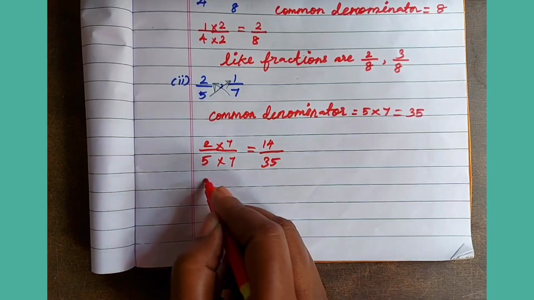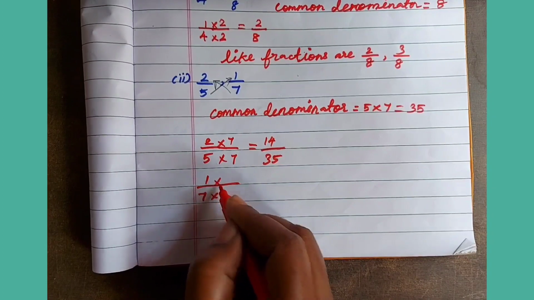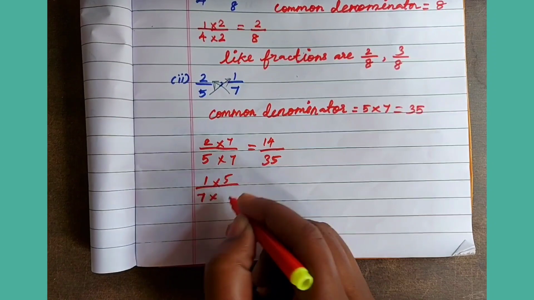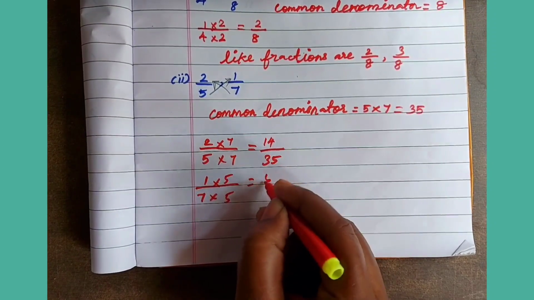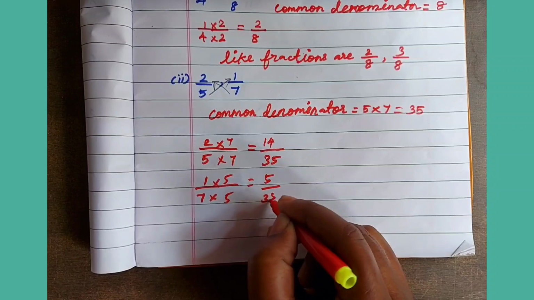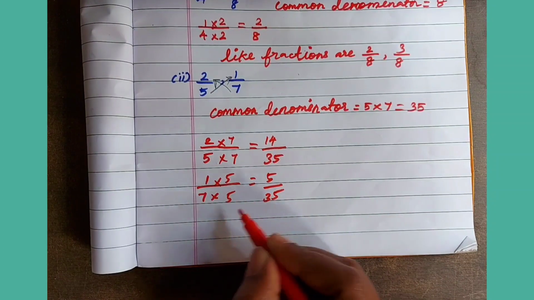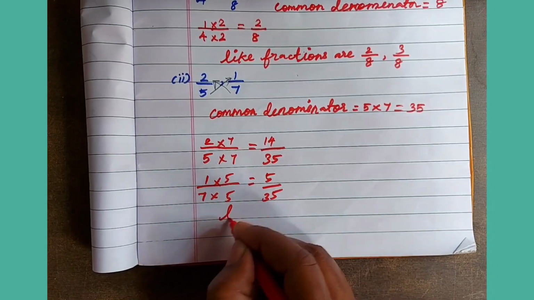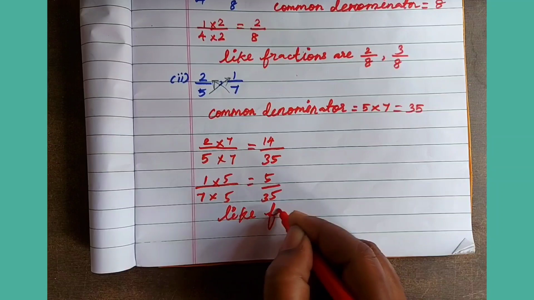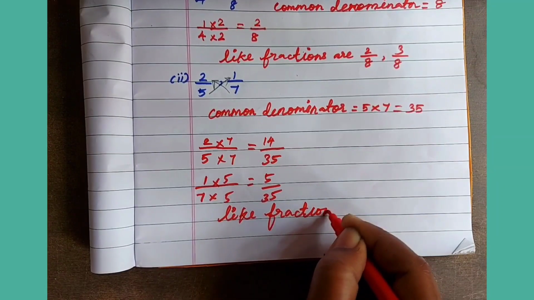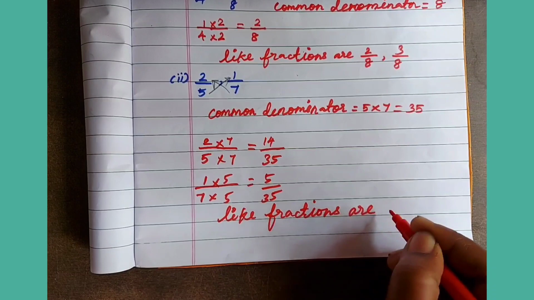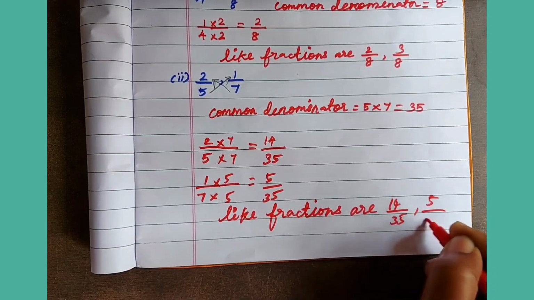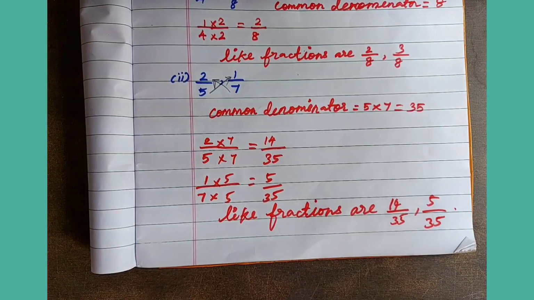Next fraction, 1 by 7, we multiply by the other denominator 5. 1 5s are 5, 7 5s are 35. So the common denominator is 35. So the like fractions are 14 by 35, 5 by 35. That is the answer.